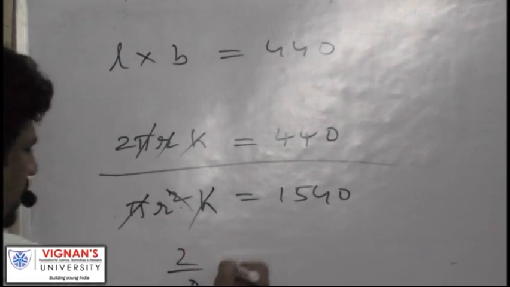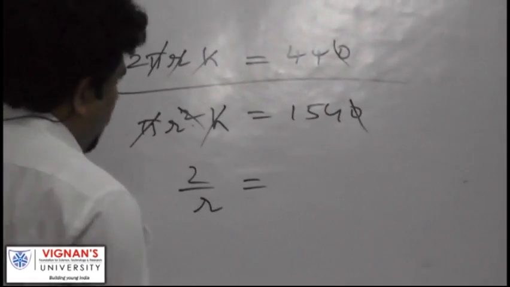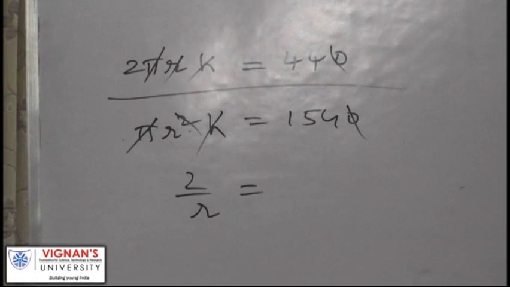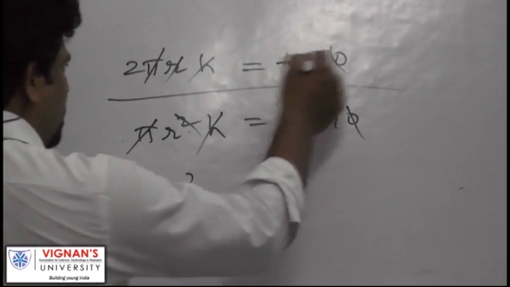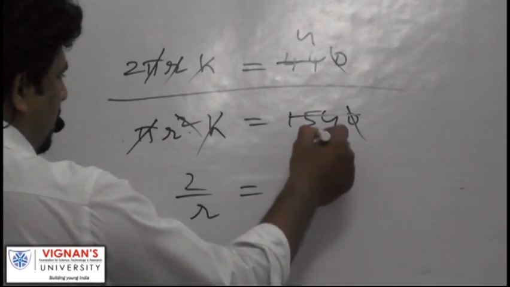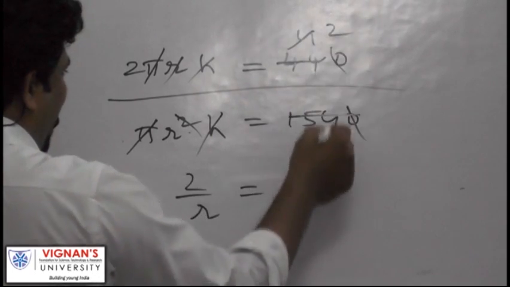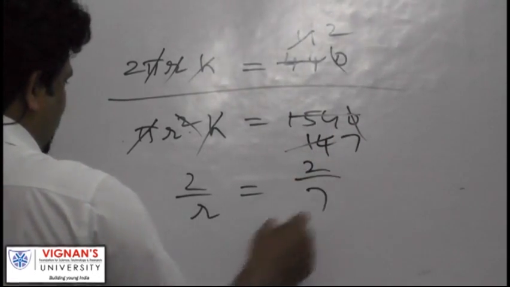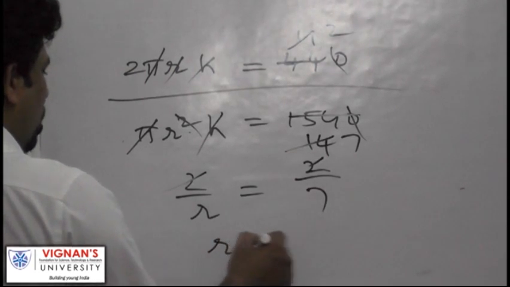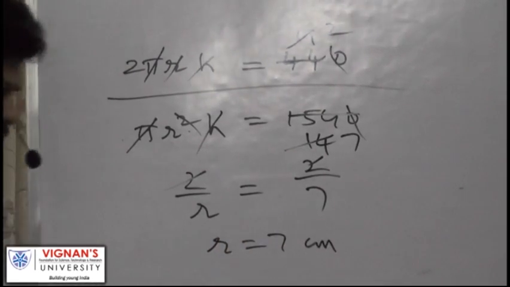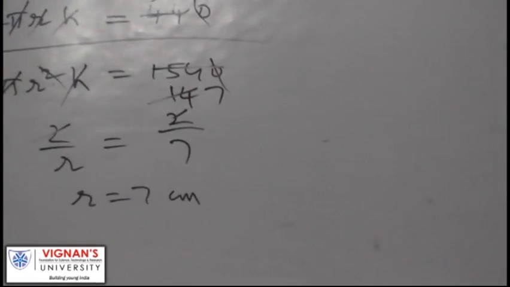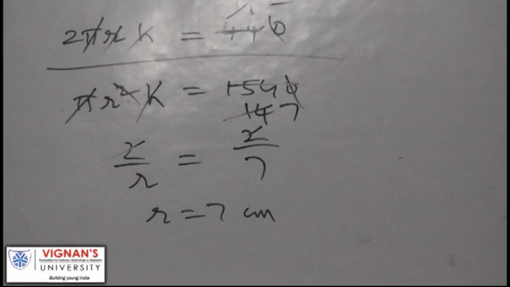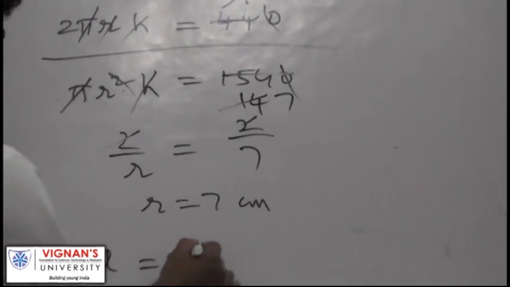So 2 by r is the same as 440 by 1540, 44 by 154. Both are divisible by 11. 11 fours, 11 fourteens. So 2 by 7. So what is the r value? 7 centimeters.